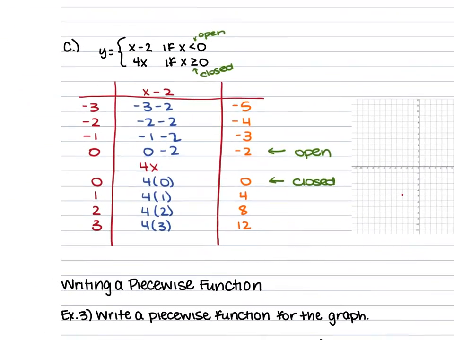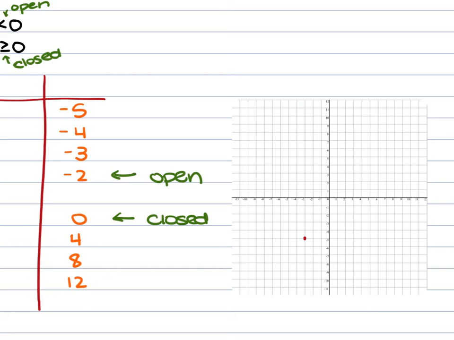Then I have negative 2, negative 4, negative 1, negative 3, and 0, negative 2 with an open circle. So this one, you see my slope is 1, so just continue to go to the left. I draw my line through these points, and I'm done with that function.